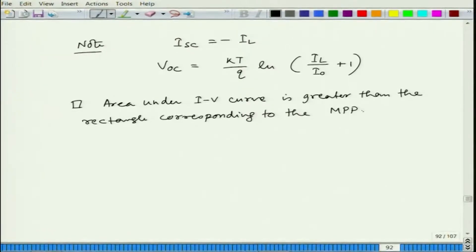So, this difference in area is captured through the fill factor. Okay. Basically, how much of the IV curve is filled by the PM rectangle.